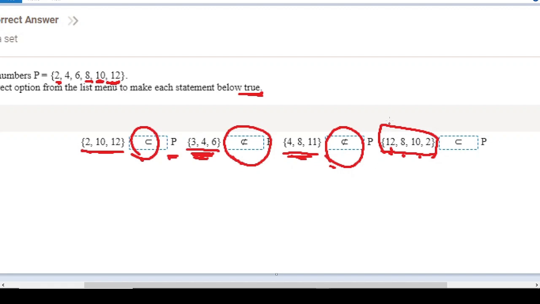That means this set is a subset of B. So this is a subset, and this is not a subset.